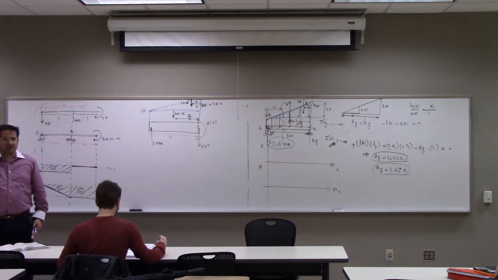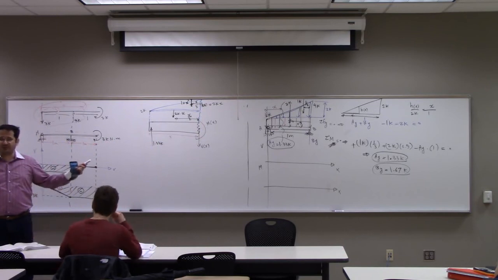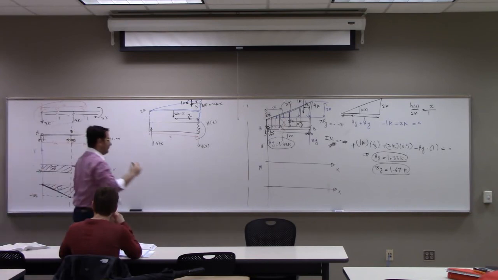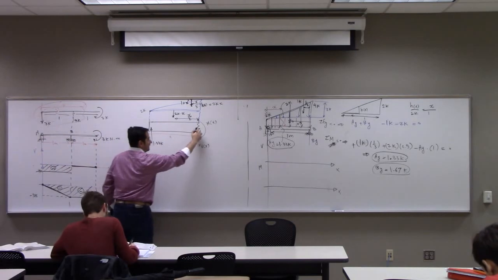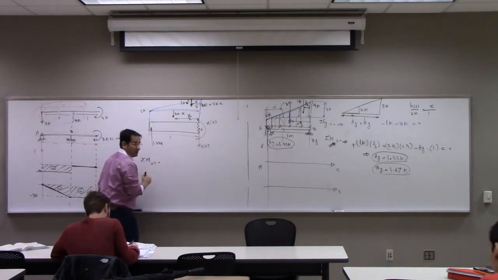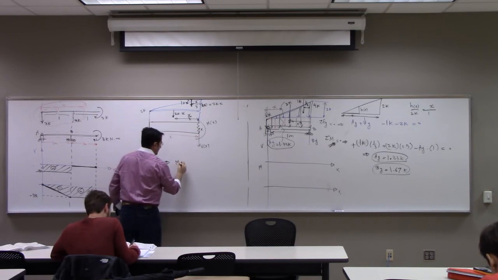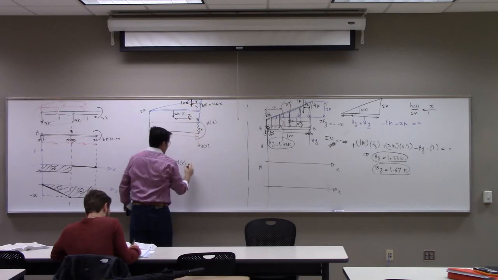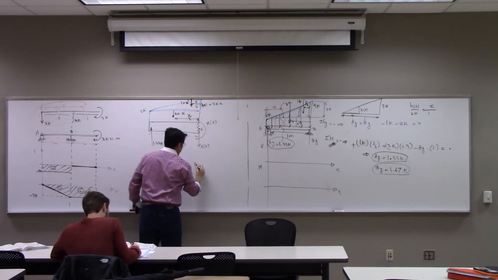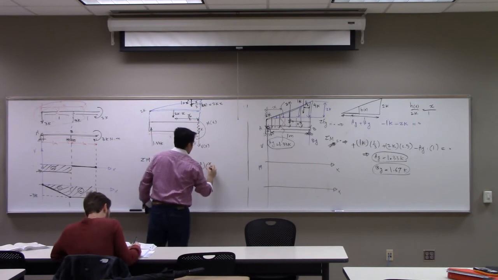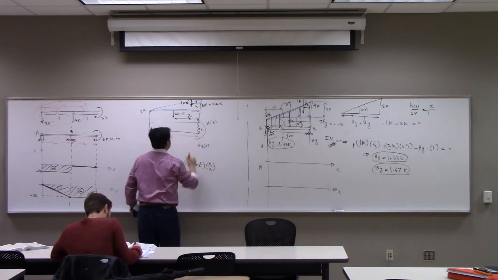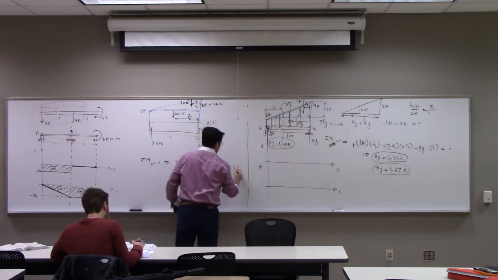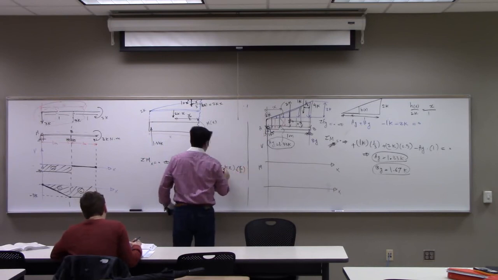Now, I want to find the shear and moment diagram. What should I do? Well, I do a trick. I find my moment relation, and then I take the derivative and say, here is the shear relation. Right? So I just do it once. Summation of moment about point x equals 0 to find the moment equation. Then you get Mx positive is 0. Then you go to this guy and say the force is equal to 1k x squared, moment arm is x over 3, positive. Then you go to this guy, 2k x is the force times half of x, positive.